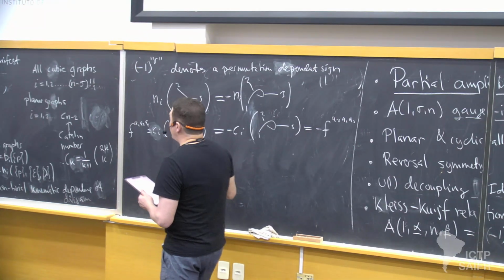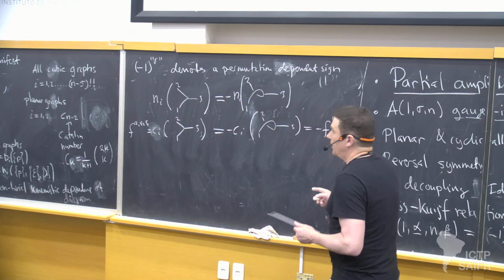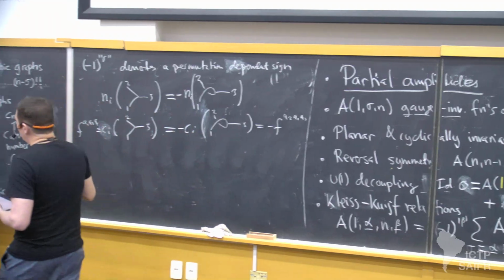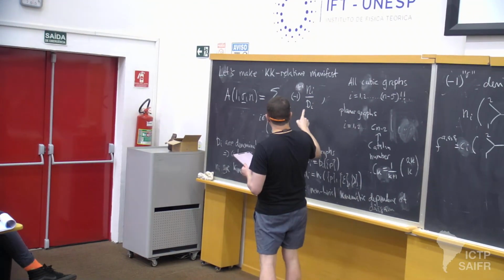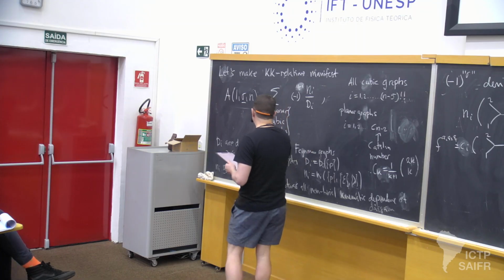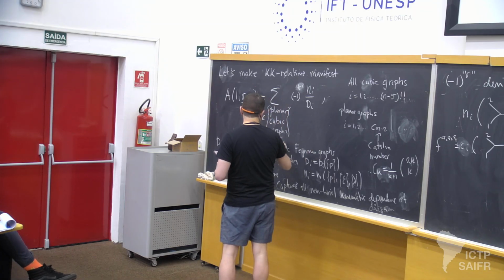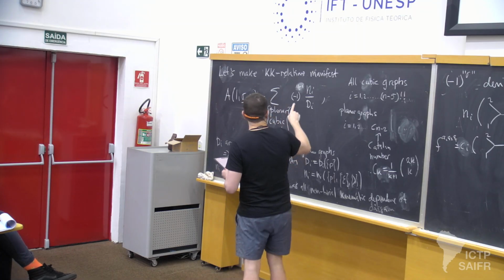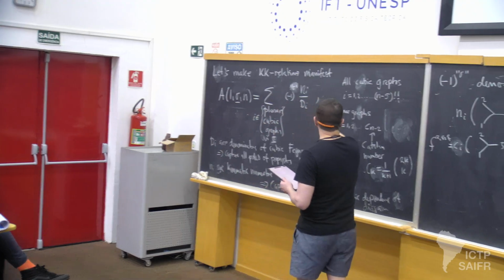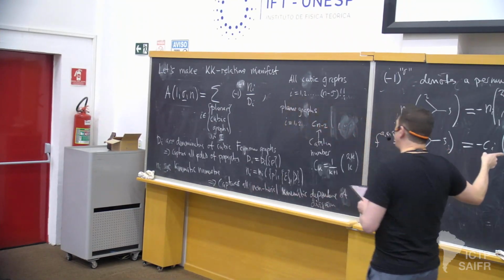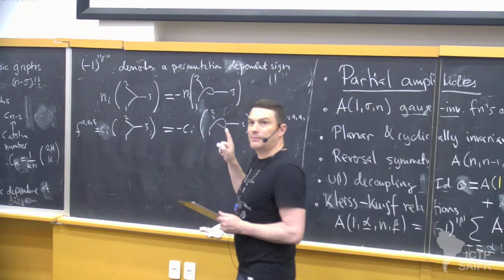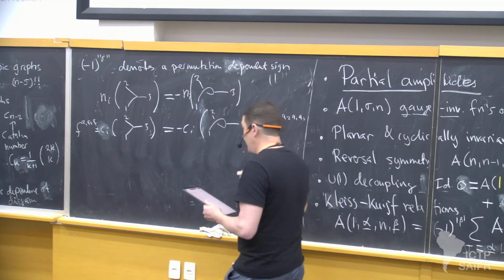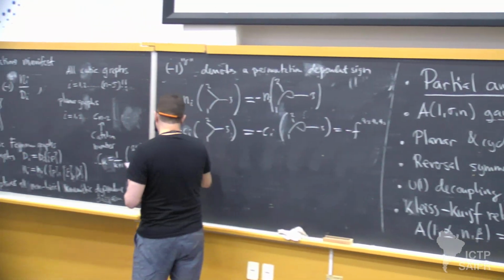Okay, so the claim is now that if you write down your partial amplitudes as a sum over planar cubic graphs in some ordering sigma, and put the appropriate signs such that they have the same signs as the color factors, then that makes Kleiss-Kuijf relations manifest. So that's my claim.